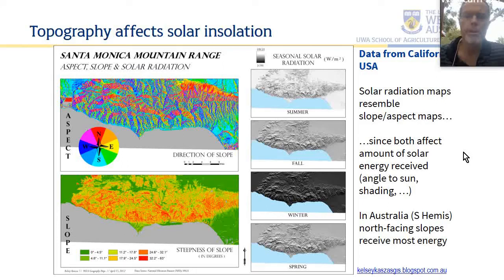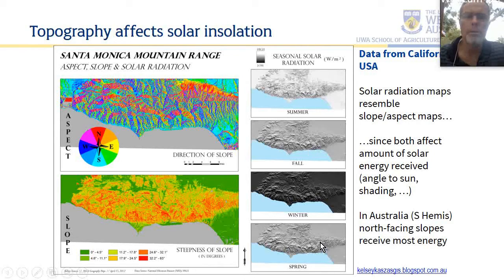And one of the other things that affects the amount of solar energy arriving at the Earth's surface is topography. And the maps shown here show some information on that. And what we can see is that the slope direction and steepness of slope, the maps for those look somewhat similar to the solar radiation maps.